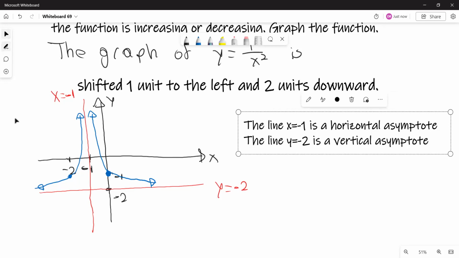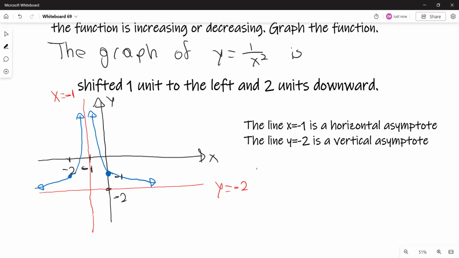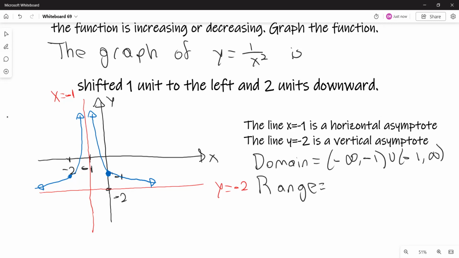The domain of this function is all real numbers except -1. So that's -∞, -1, union -1 to infinity. The range, so y is never going to be -2 or less than that.